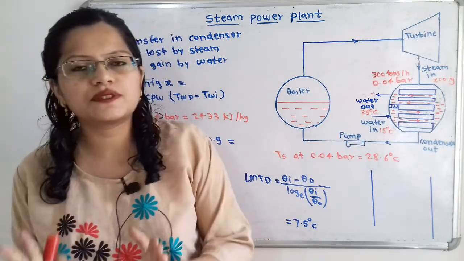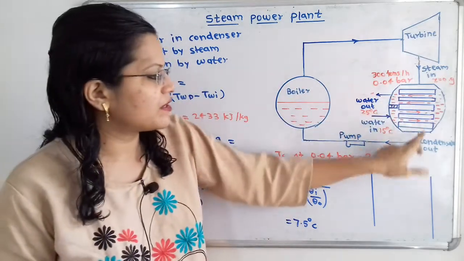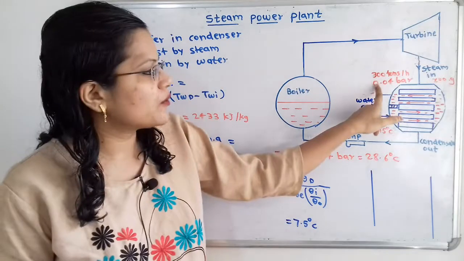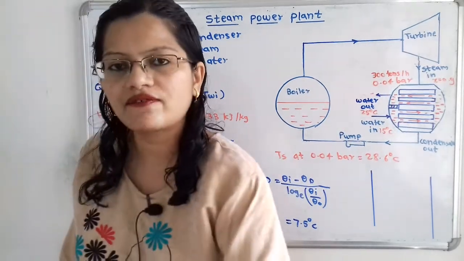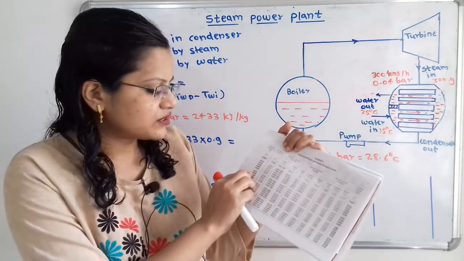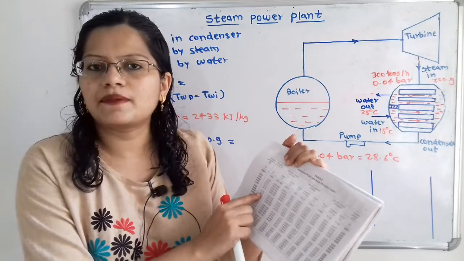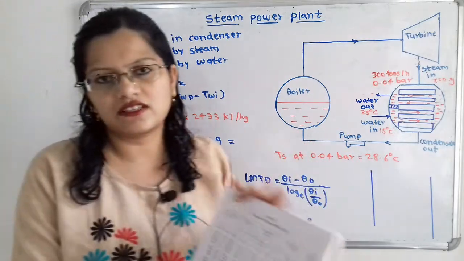So the temperature of steam will remain the same inside the condenser, from inlet to outlet. So at 0.04 bar pressure, what is the temperature? Again we will refer to the pressure table, and in the first column there is the pressure 0.04, and in the second column the temperature is given as 28.6 degrees Celsius.